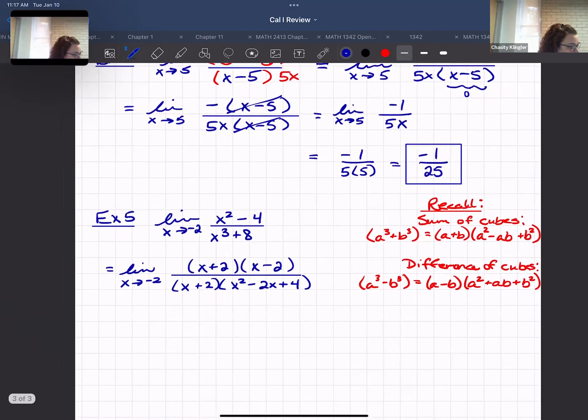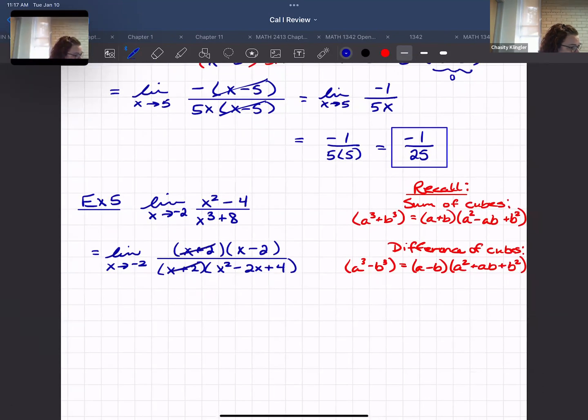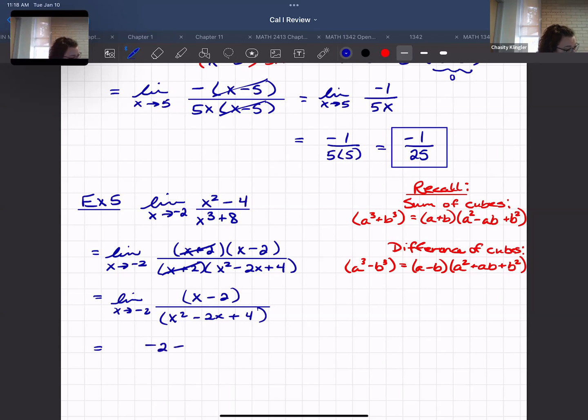So here our x plus 2's will cancel. And now when we do direct substitution, we don't have that problem spot.